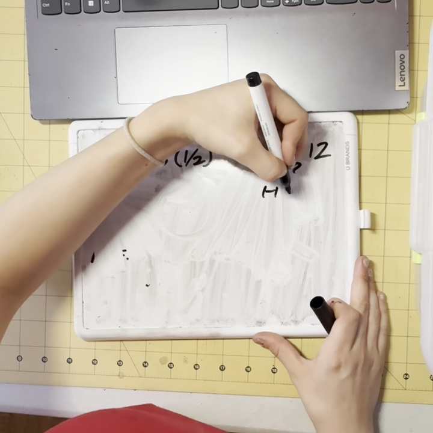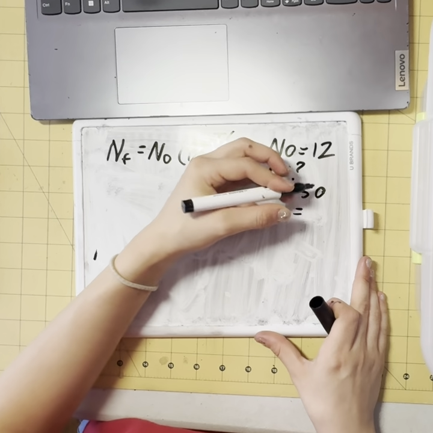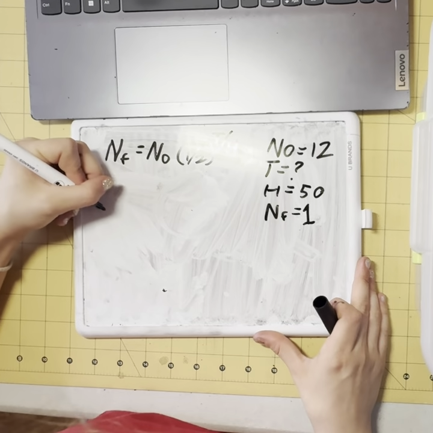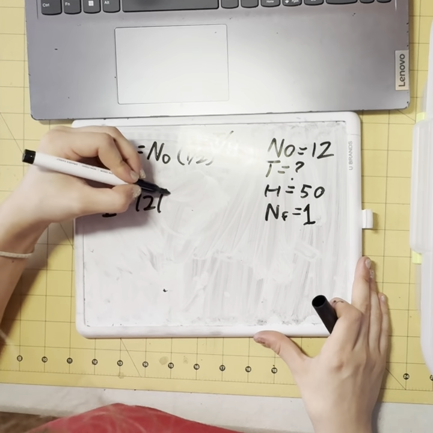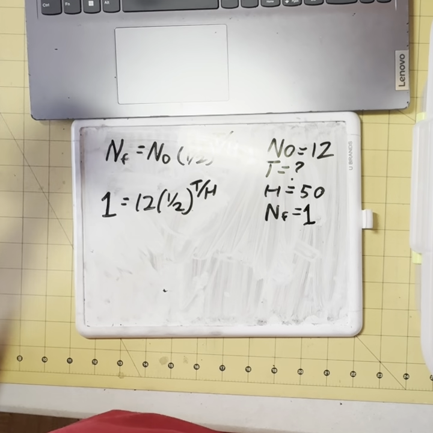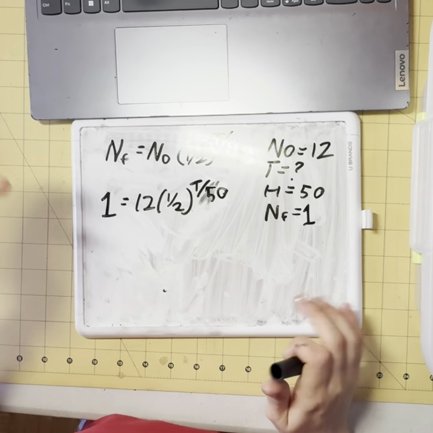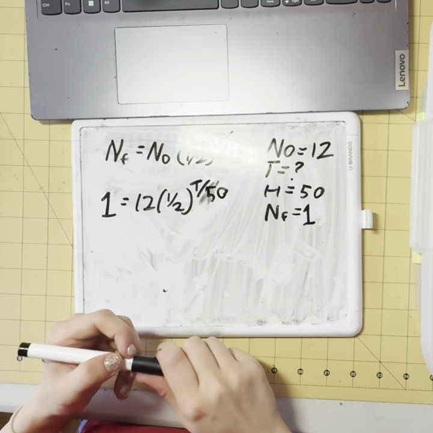The half-life is still 50, but this time we have the final value, which is 1. So we can rewrite the formula: 1 is equal to 12 times 1/2 to the power of T divided by 50. Okay, so here's where things get a bit complicated.